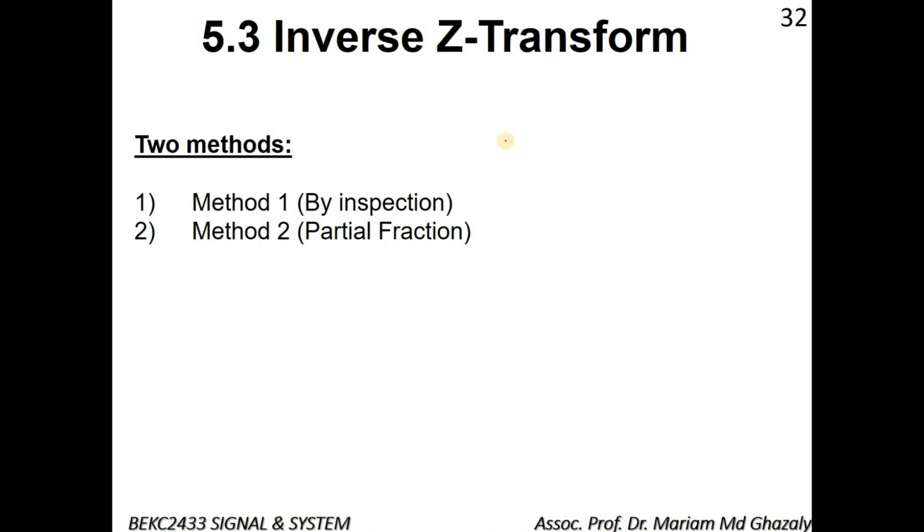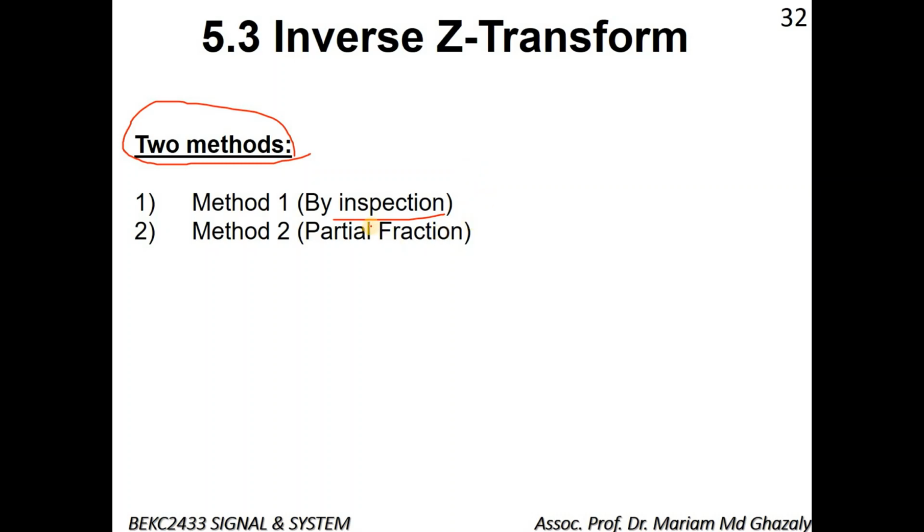Okay, so we go to the next section, which is the inverse Z transform. There are two methods for the inverse Z transform. Method 1 is by inspection. What you did in the previous example 4 was by inspection, meaning you directly look at the given signal xn and check the Z transform table, then you can directly get the Z transform equation of that signal.